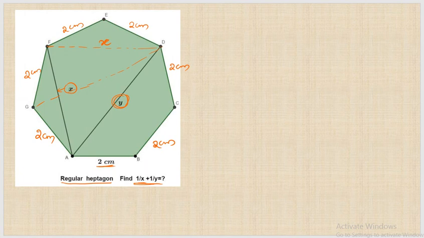The same way here, when I skip 2 vertices, this length will be equal to y. So GD is y, and FD will be x. Since AD is given as y, GD also becomes y, because it is a regular heptagon.